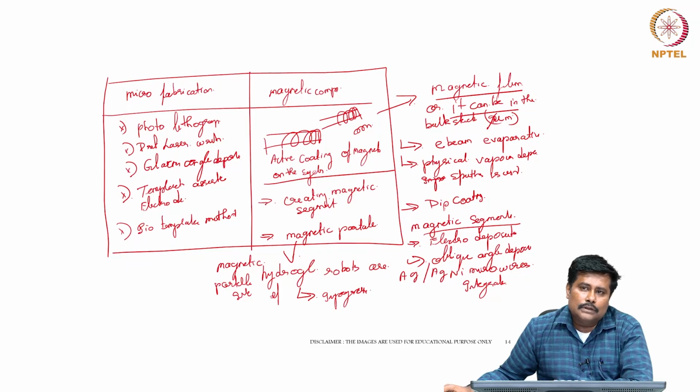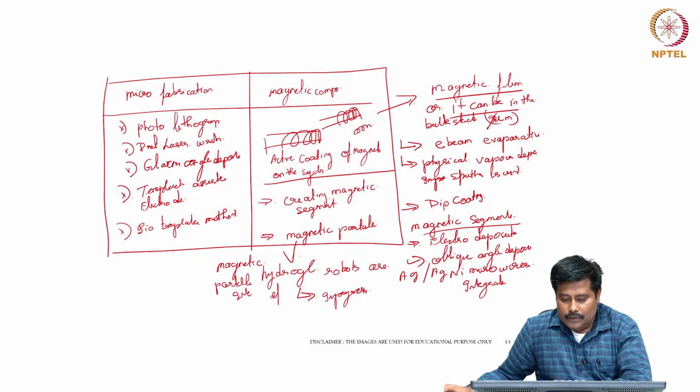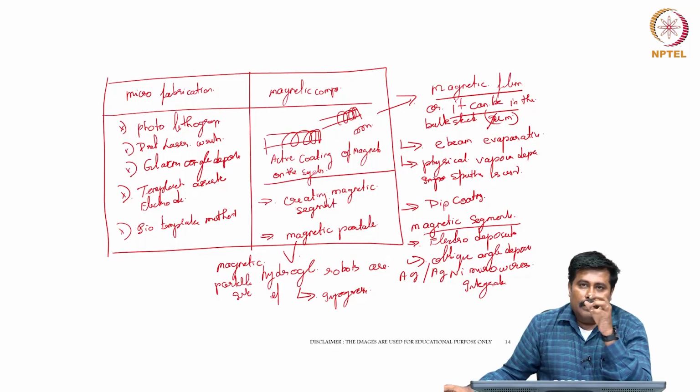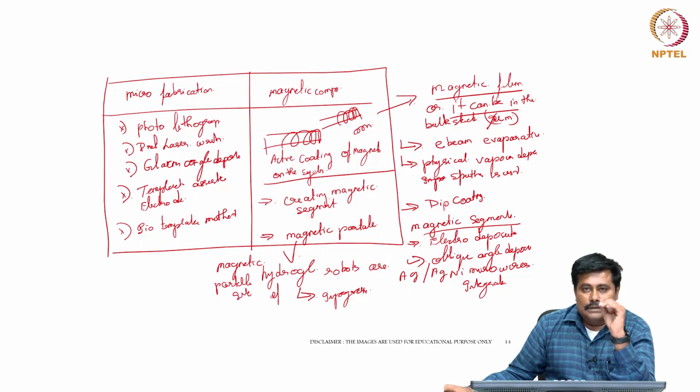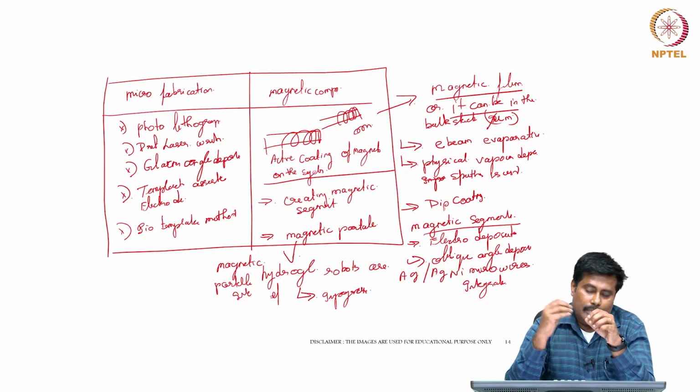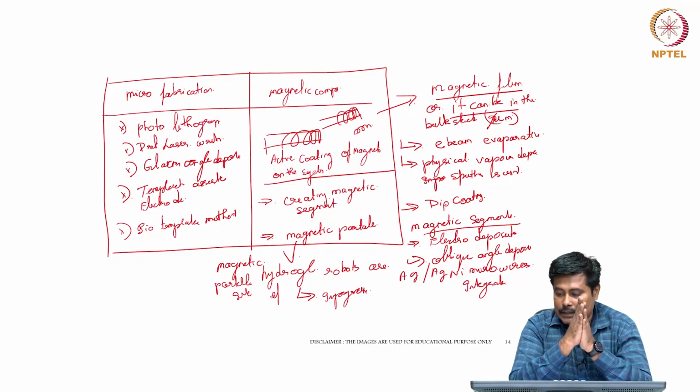Then we also discussed the varying configurations of these magnetic structures, where they are deployed in any kind of structure using an active coating. In certain cases, these magnetic segments are integrated with the structures. In certain cases, magnetic particles are dispersed in the structures.